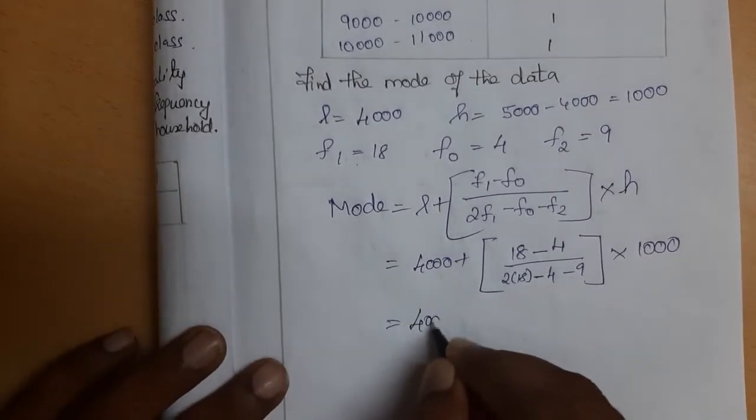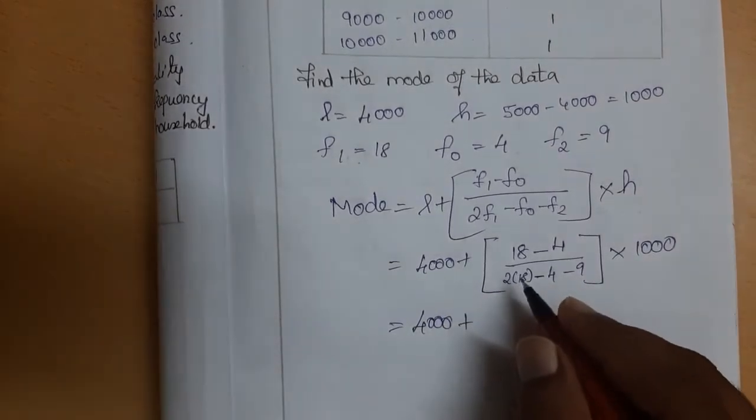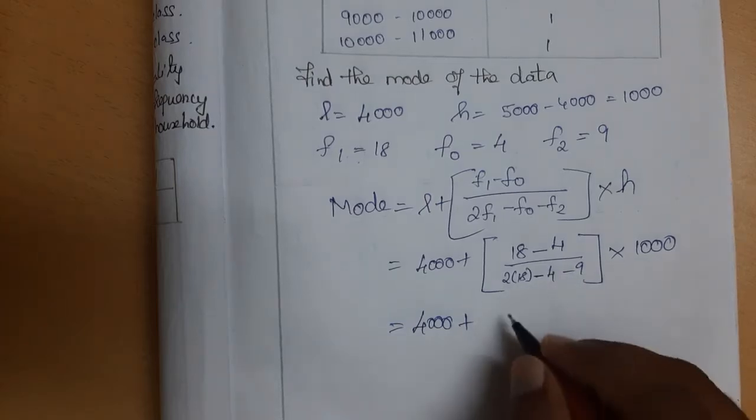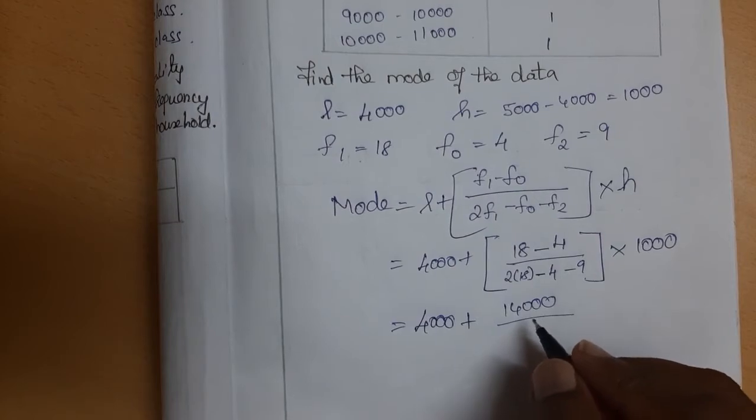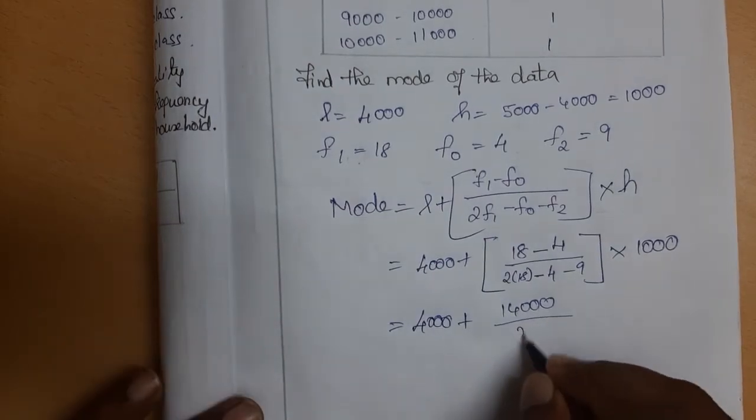So let's keep the 4000 as it is. We can do 18 minus 4 is 14, 14 into 1000 is 14,000, divided by 2 into 18 minus 4 minus 9, which is 23, right?